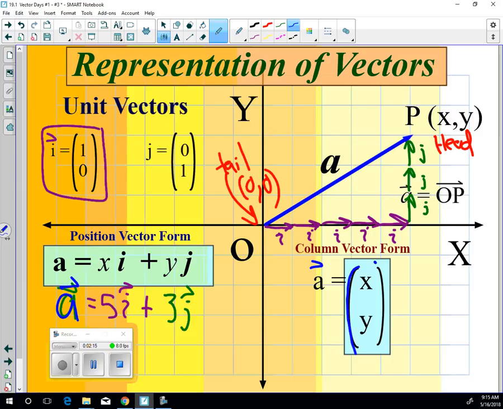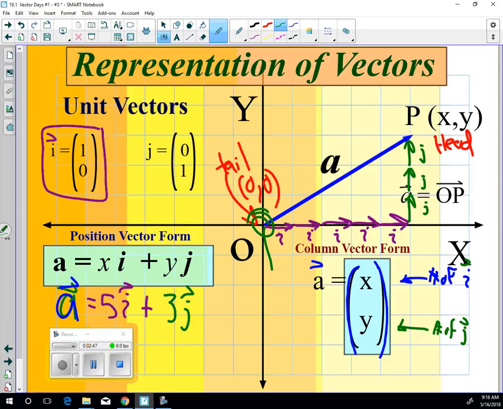We'll put 2 parentheses, and the number of i unit vectors and the number of j unit vectors go here. Can you see how this is much more efficient, quicker to do? So position vector, column vector, to describe a vector whose tail is where? There you go. Tail is at the origin.